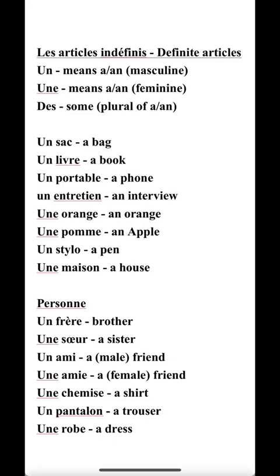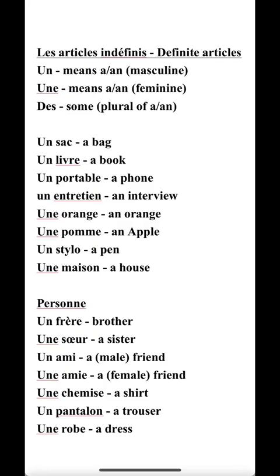So un is used for every masculine word that is singular, while une is used for every feminine word that is singular. Now we have des to be used for the plural of any word that goes with un or une. Now how do we recognize the words that are plural? Most of them carry s, and some they change their form.